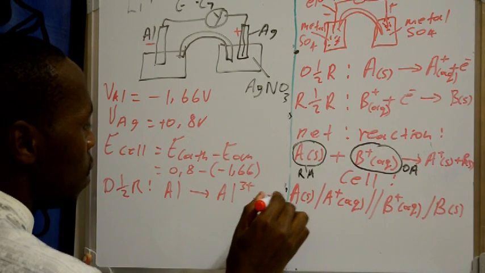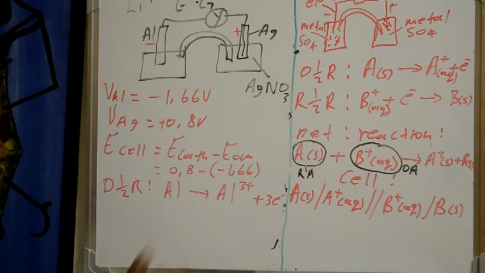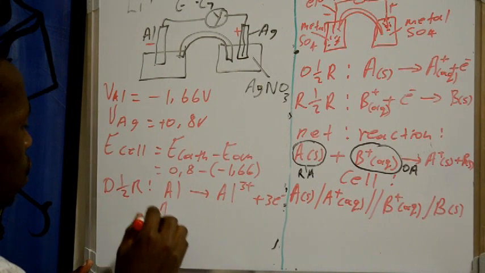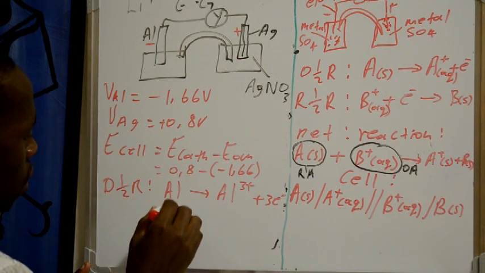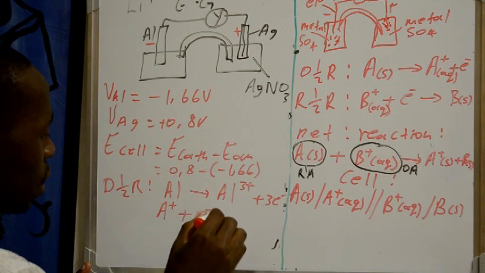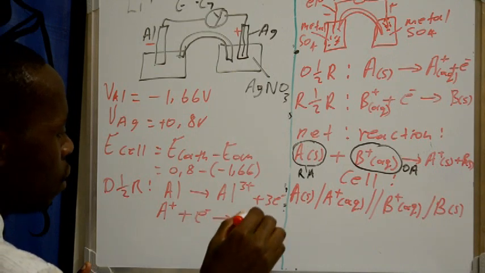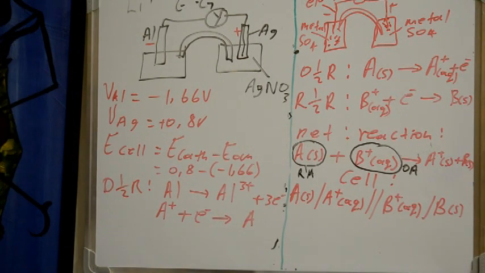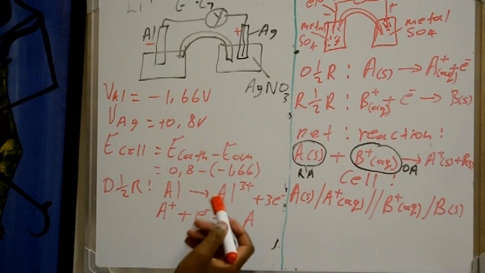That is aluminium. Now Ag gains electrons here. So Ag plus gains an electron and becomes what? It becomes metal. So now we must balance the equation.